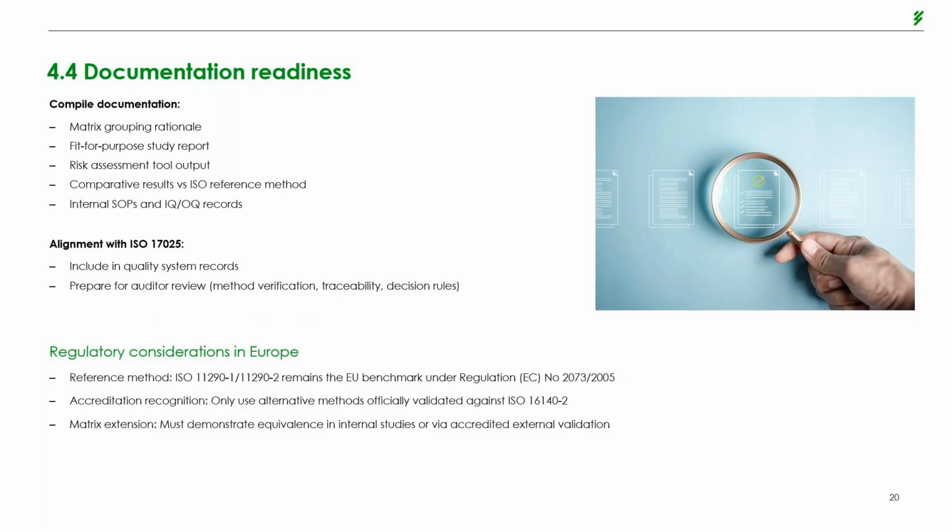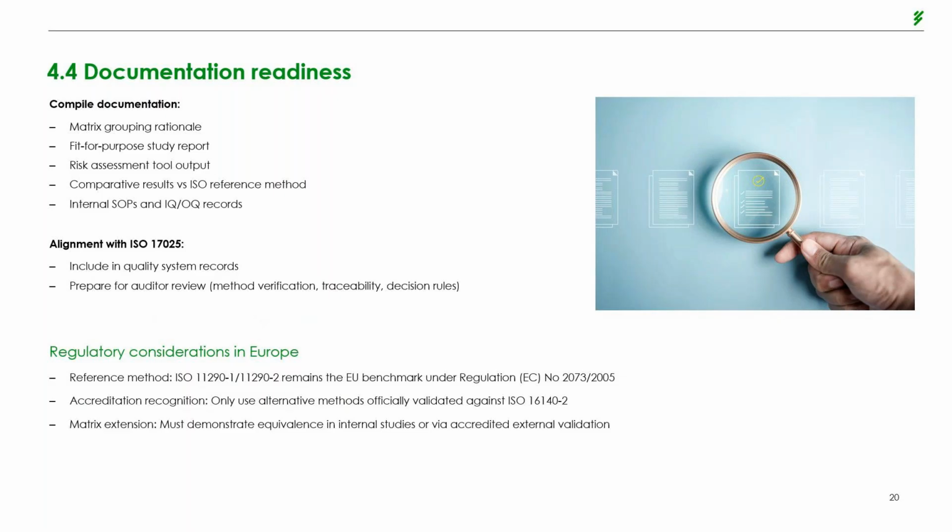As well as any internal standard operation procedures for documenting both the operational and the installation qualifications, which are just requirements for regulatory compliance and good practices, and in alignment with ISO 17025, included in the quality system in preparation for an audit review.